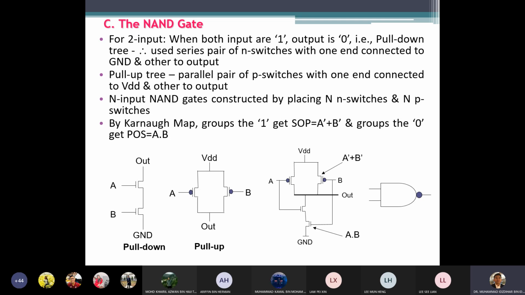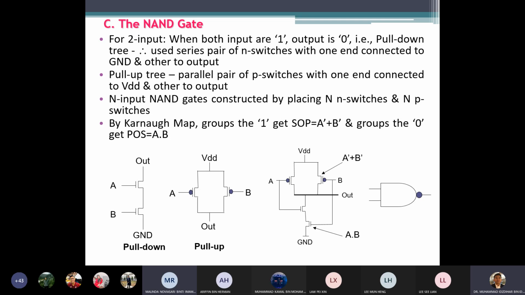Ya, saya. Boleh? Boleh. Faham? Ada soalan tak? Doktor, yang P-type tu, sekejap, P-type ke PMOS masuk P channel lah.